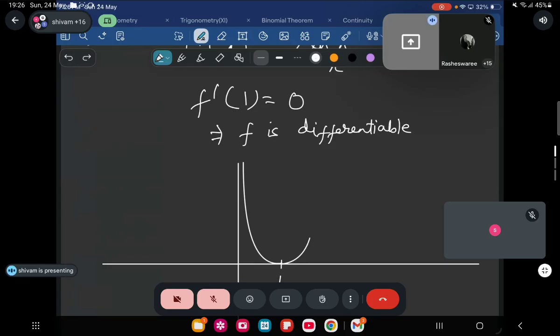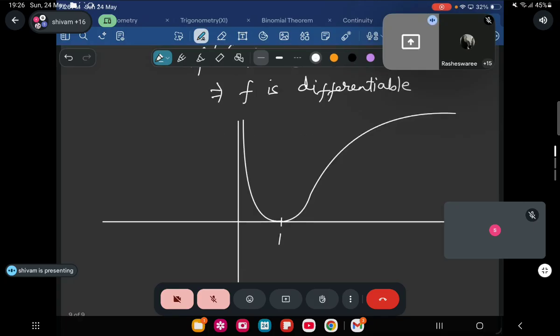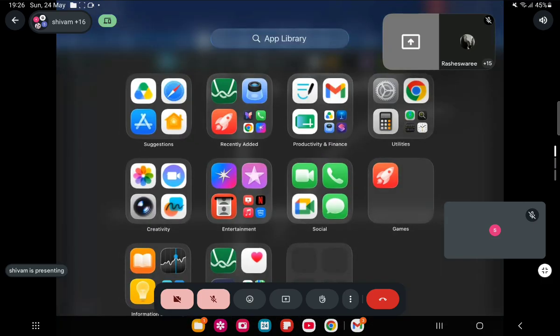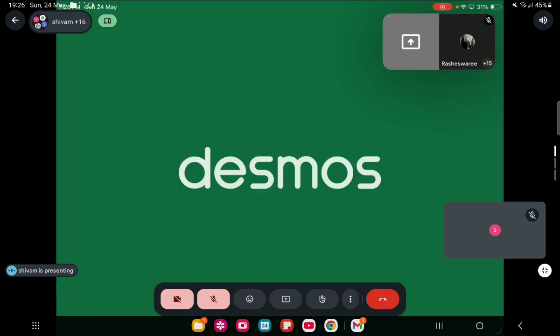No, it will not be pointy. See, I'm not drawing a pointy curve. It means it will be smooth. Because ln square x is differentiable at x equal to 1 also, it will be slightly curved, not a sharp corner. Let's see whether this is the graph or not. ln square x.